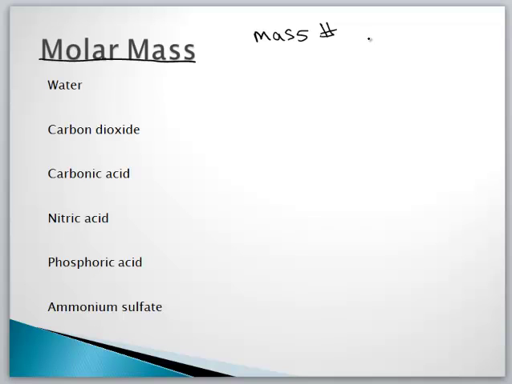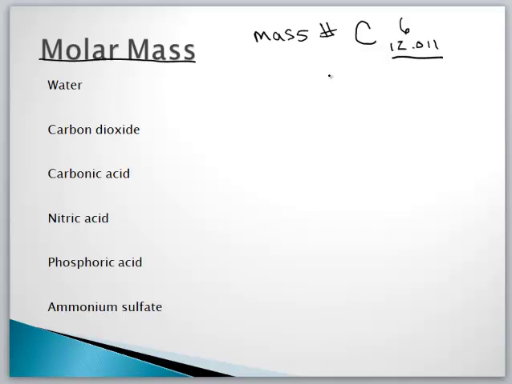So for example, carbon has 2 values on the periodic table, 12.011 and 6. Remember, the lower number represents the atomic number, the larger number represents the average atomic mass. But what we're going to say now is that that is the number of grams per mole of carbon.